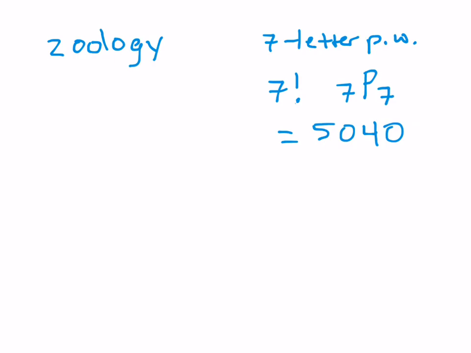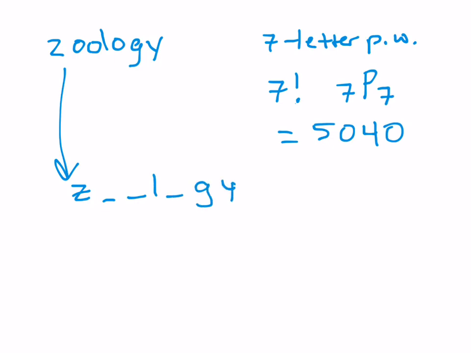Now again, the issue is that that's counting all of the ones that would look similar, and in reality I only want to count the ones that are actually different. For example, if we look at zoology arranged the way it is, I've got some O's here that I don't actually know which one is which.